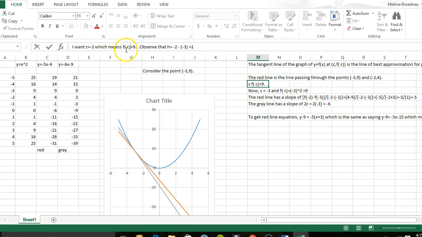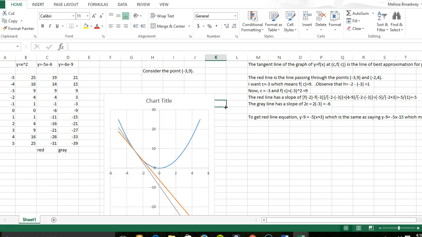And remember, f of x is x squared, so I square negative 3 to get 9. To get h, the point we're focusing on I want to be on the tail end of the minus sign. So negative 2, 4 is my other point, the point I'm not focusing on, so negative 2 goes in front. Negative 2 minus negative 3 is 1. So my h value, h equals 1.